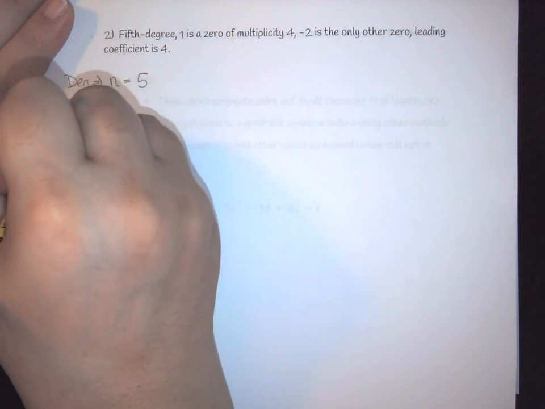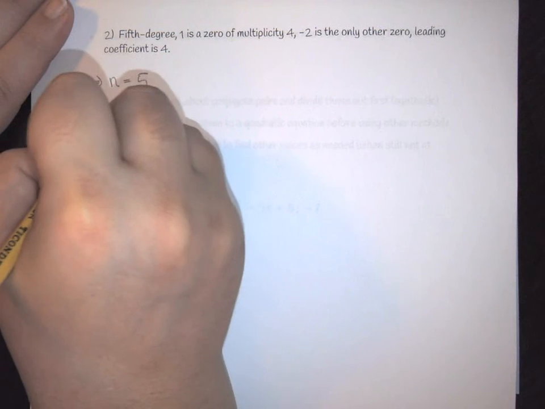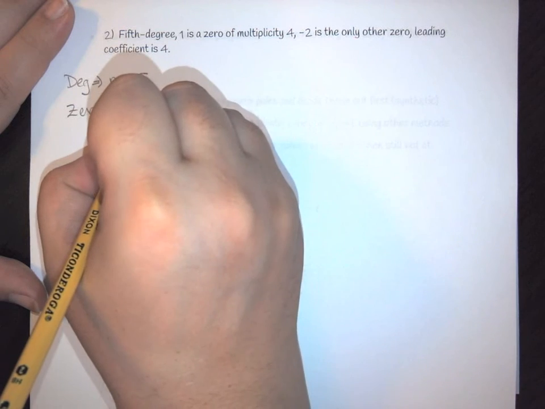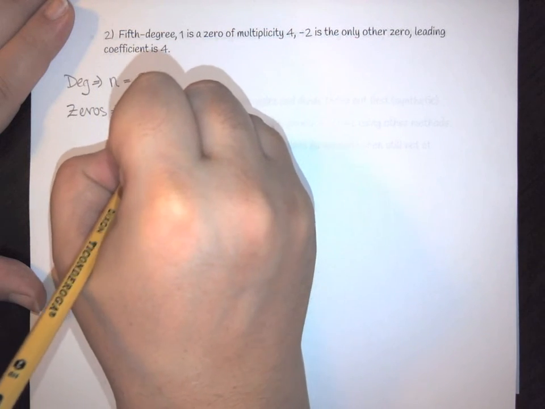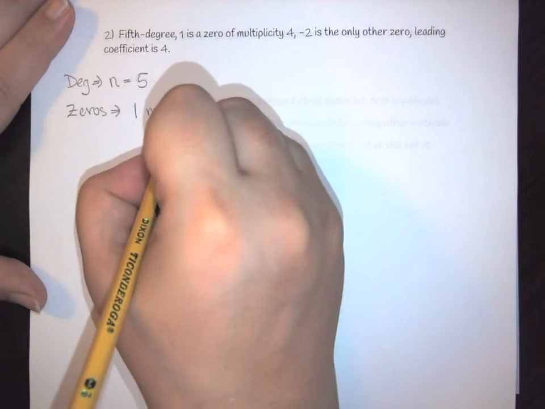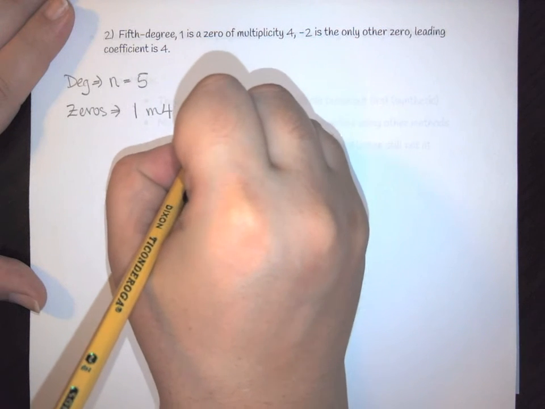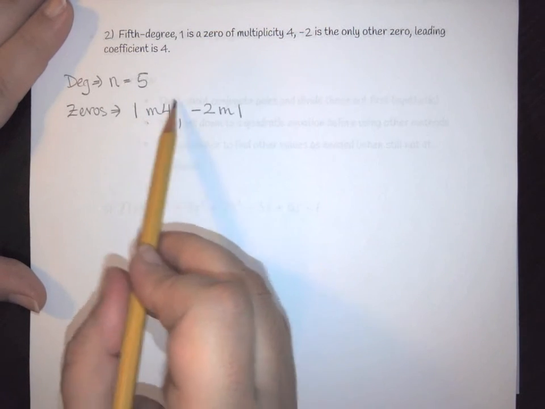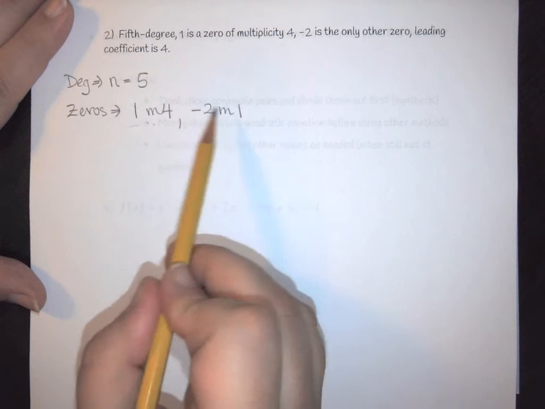And then when we're talking about zeros, we have 1, but we also have that it occurs 4 times. And then we have negative 2, which is going to occur once. So if you look, here's 4 zeros, and here's one more.